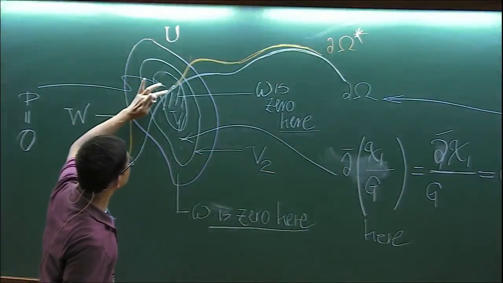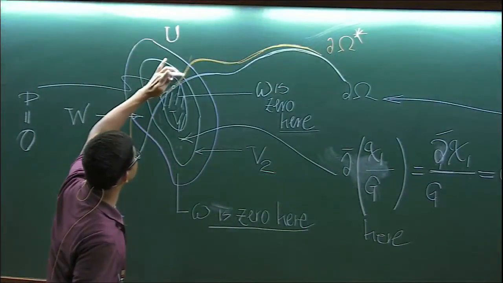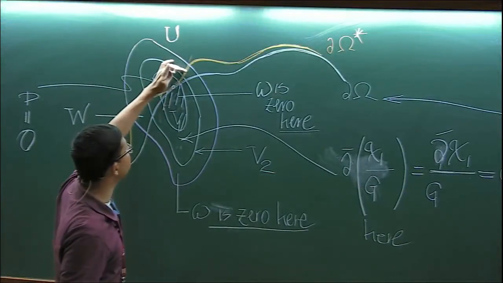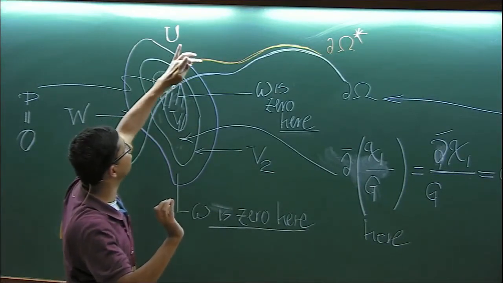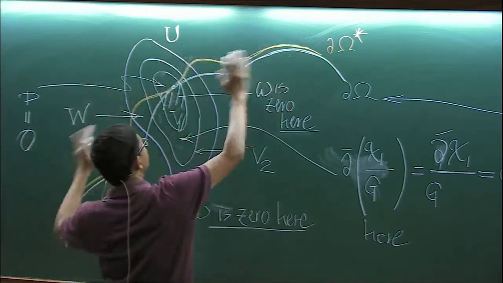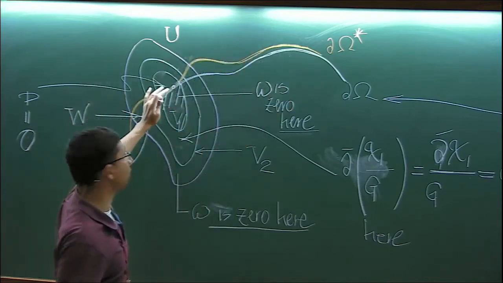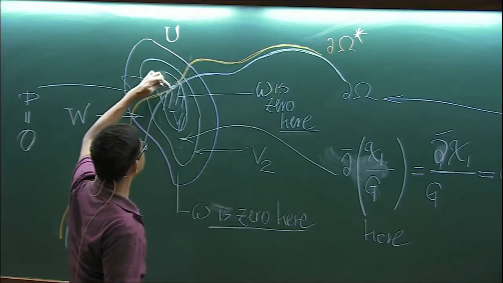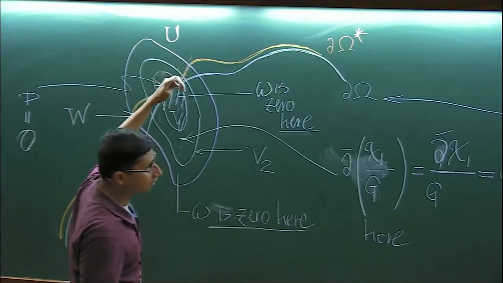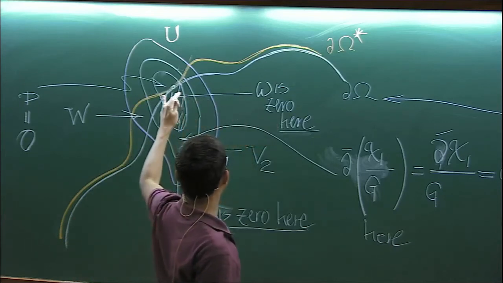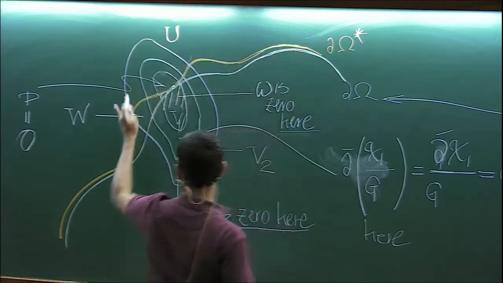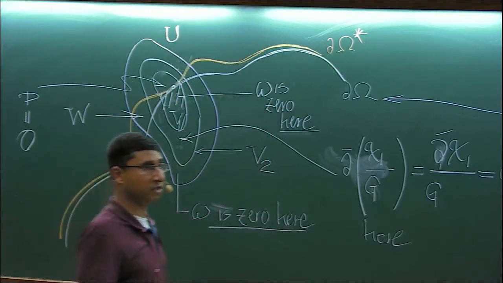So you see, this part I do need to be strictly plurisubharmonic, because I need some positivity of the defining function of either this part or this part to do some surgery. So being strictly plurisubharmonic here is non-negotiable. And I really don't know what's going on farther out from here.